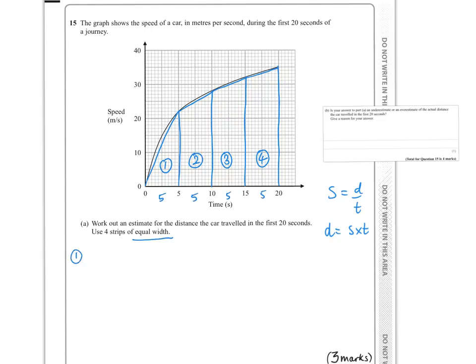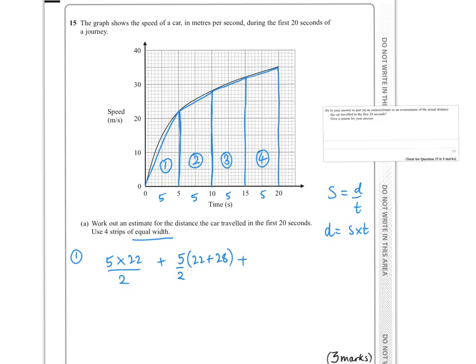So for the first one, that's the area of a triangle, so that's 5 times the height here seems to be 22 halved, plus, well, the area of a trapezium is the height, which I'm going to use as 5, over 2 lots of this height here, which I've already got, which is 22, plus this new height here, which is 28.